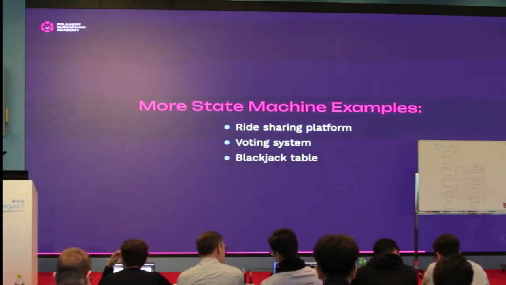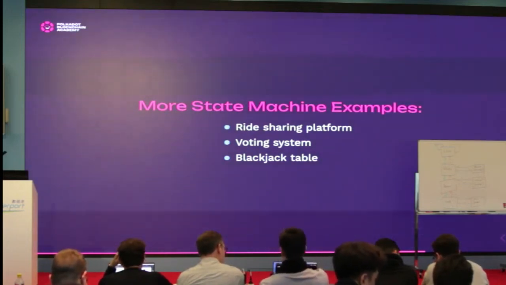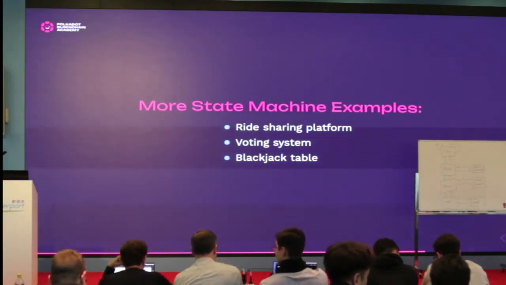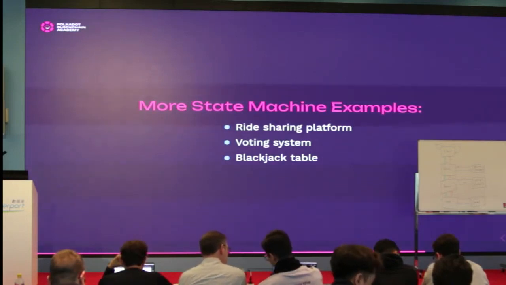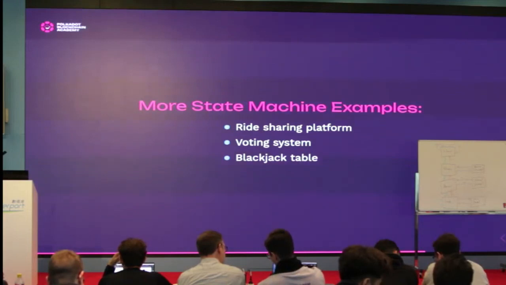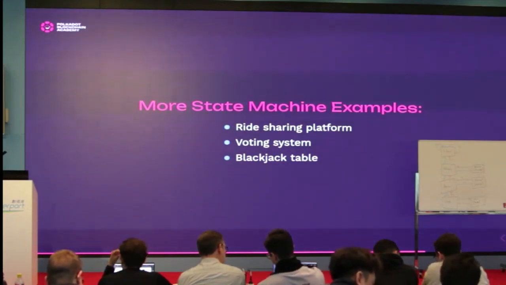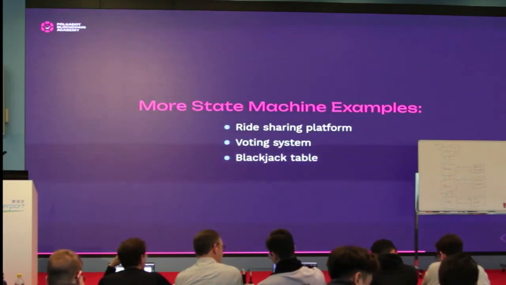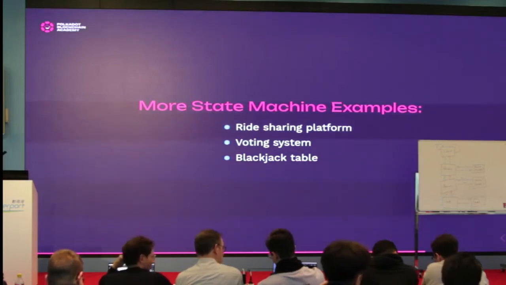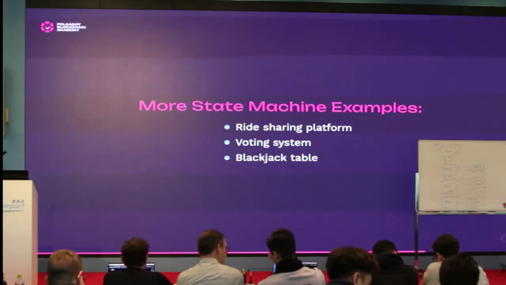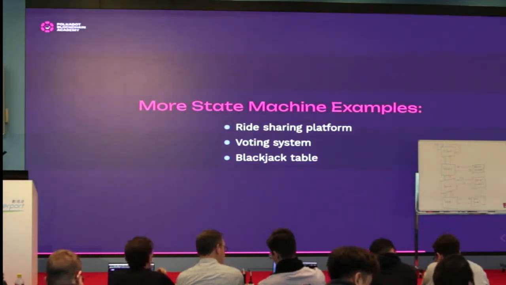So I think in that case your states would be like the passenger's in the car as a state, or the passenger's not requesting a ride or anything, just content, not really using it, or the passenger's waiting. Maybe you say you're in the state of content, and then you make the transition of request a ride, and then you're in the state of waiting, and then you make the transition of the ride arrives, and then you're in the state of in the car or something like that.